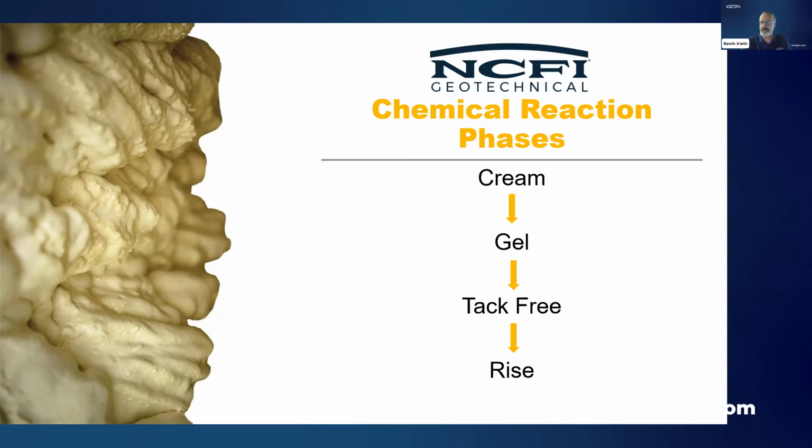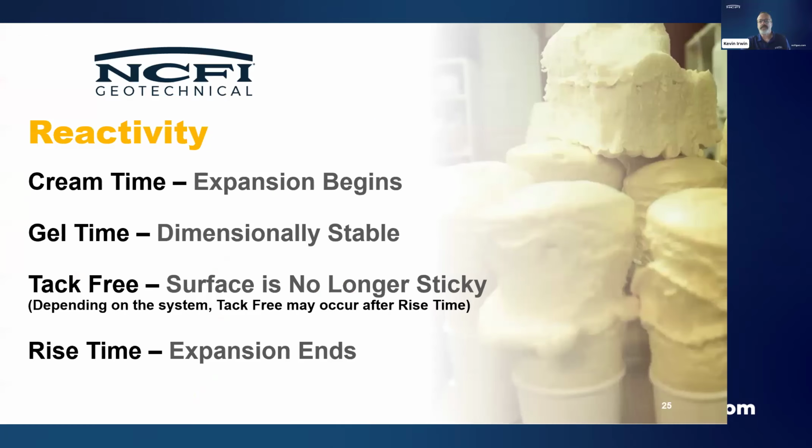Right before it comes out the tip of the gun, whatever you're using for an injection gun, that's when the chemicals mix. And it's at that time that our chemical reaction is going to begin very quickly. So it goes through these different phases: cream, gel, tack-free, and rise during the chemical reaction process. Cream time is when expansion begins.